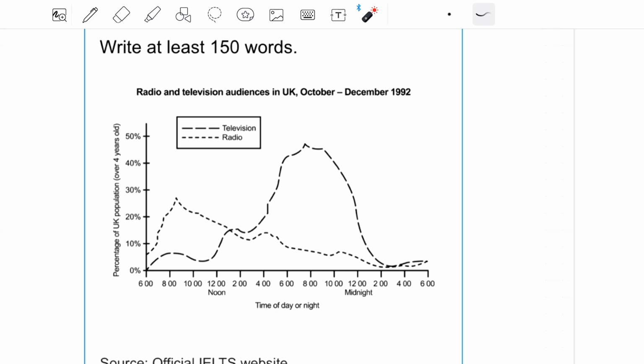In contrast, the viewership for television was quite low in the early part of the day. Not a lot of people were watching television, maybe about 5% in the morning.